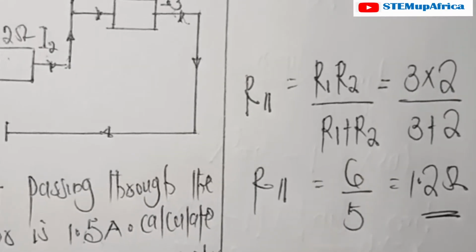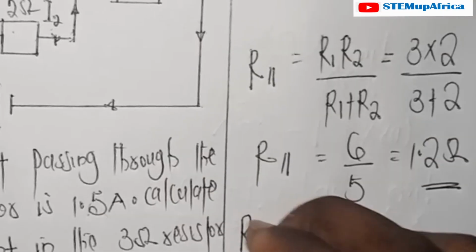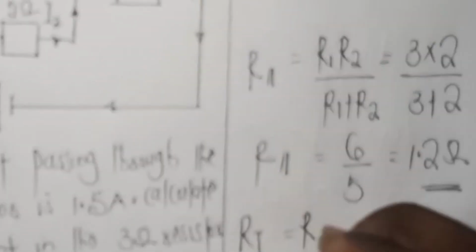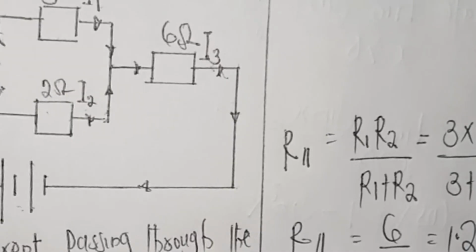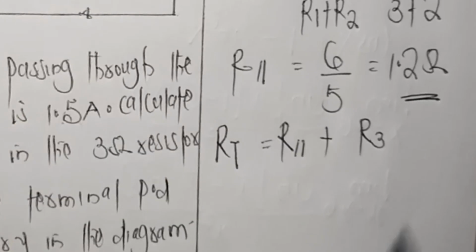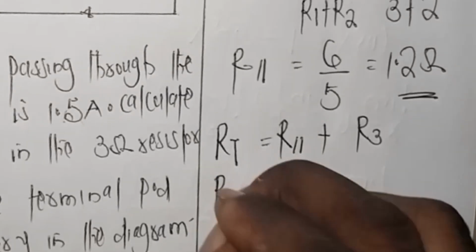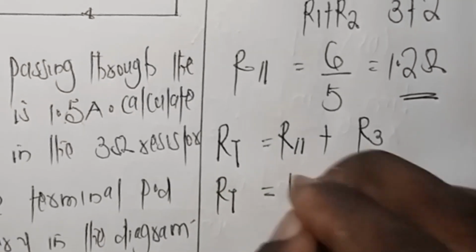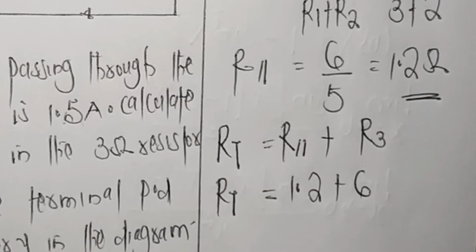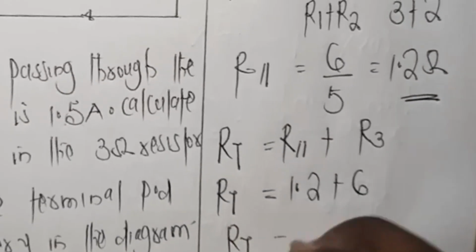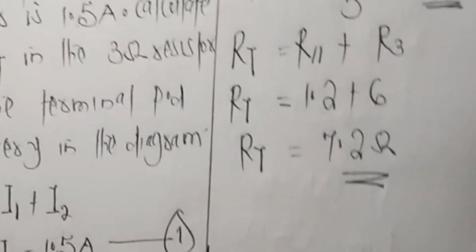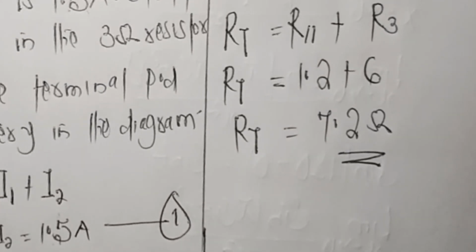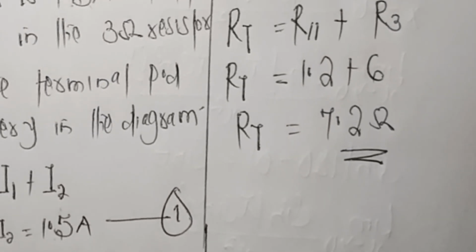So what is now the total resistance in the circuit? My R total is simply the R in parallel plus our R3, which is the third resistor. So my total resistance now will be 1.2 plus 6. Total resistance is now 7.2 ohms. That's the value of the total resistance. Like we said, we are asked to calculate the terminal voltage.